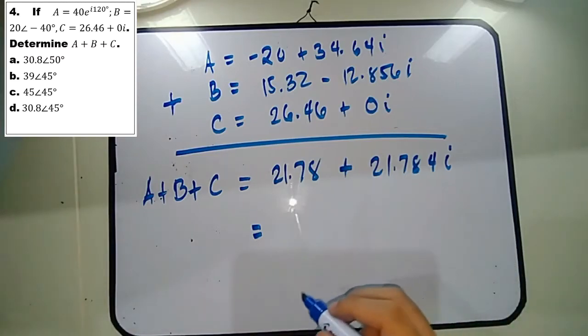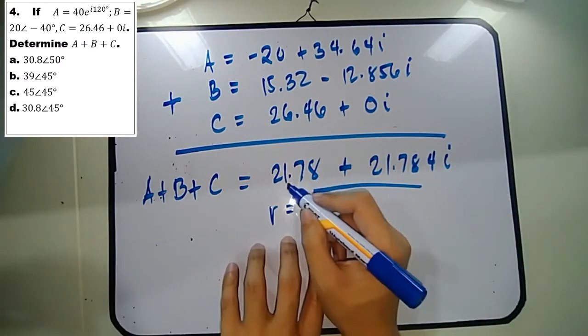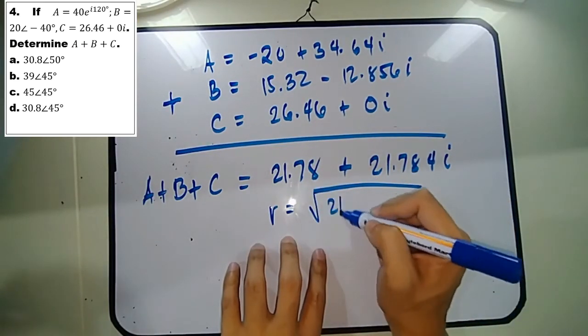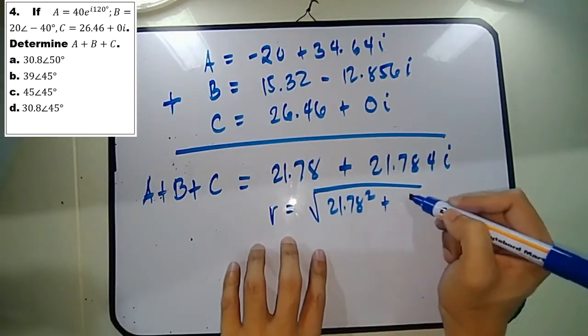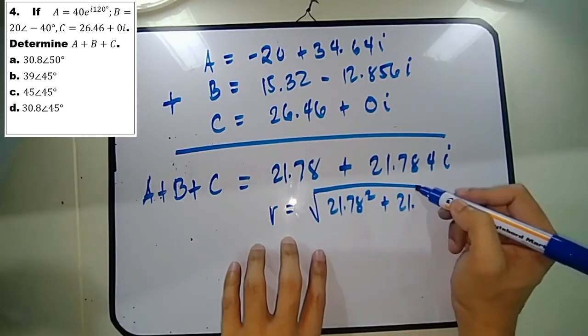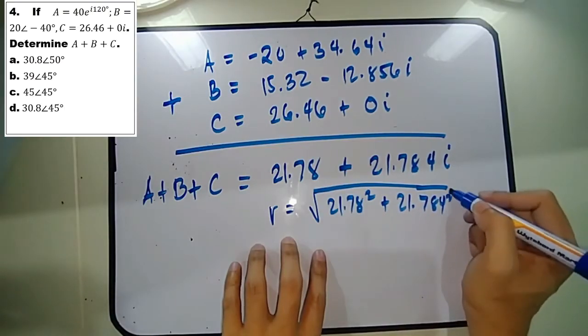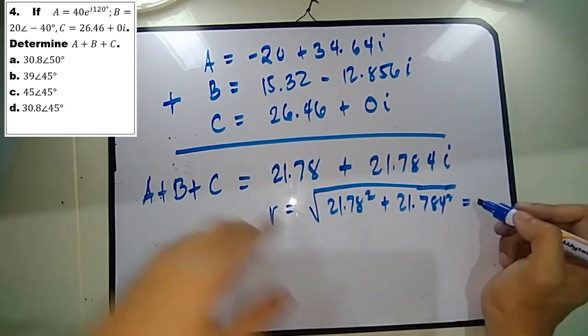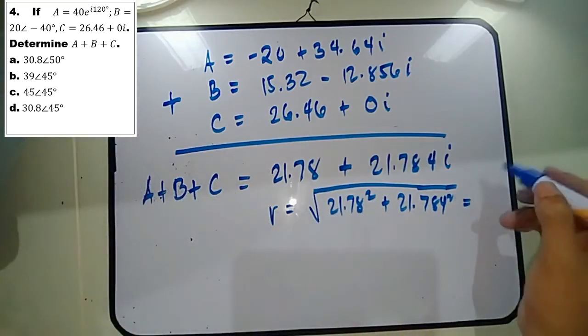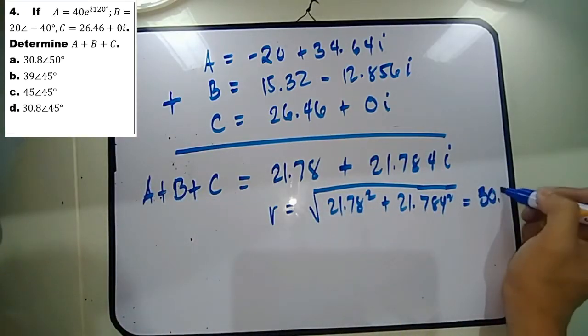Then, convert natin, guys, to polar form. So R natin here is square root of A squared plus B squared. So 21.78 squared plus 21.784 squared, basically, guys, almost equal siya. So this is just equal to 30.8. So R is 30.8.